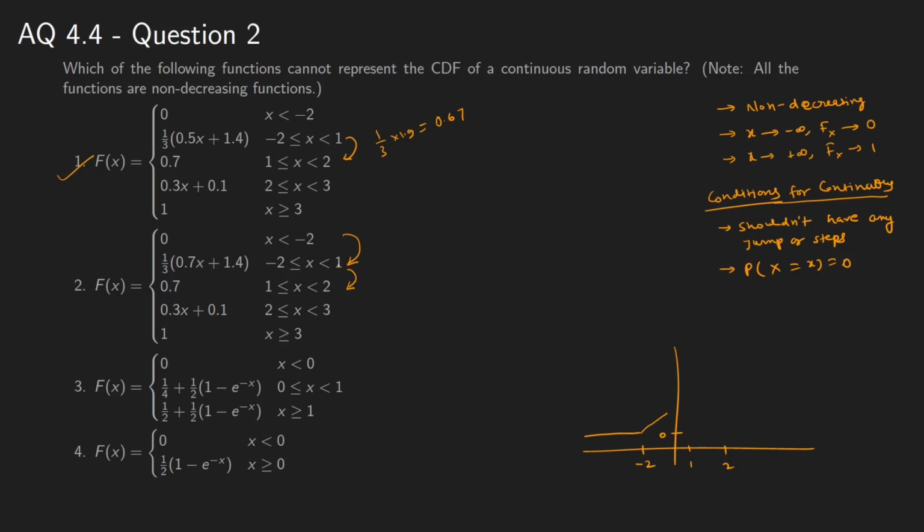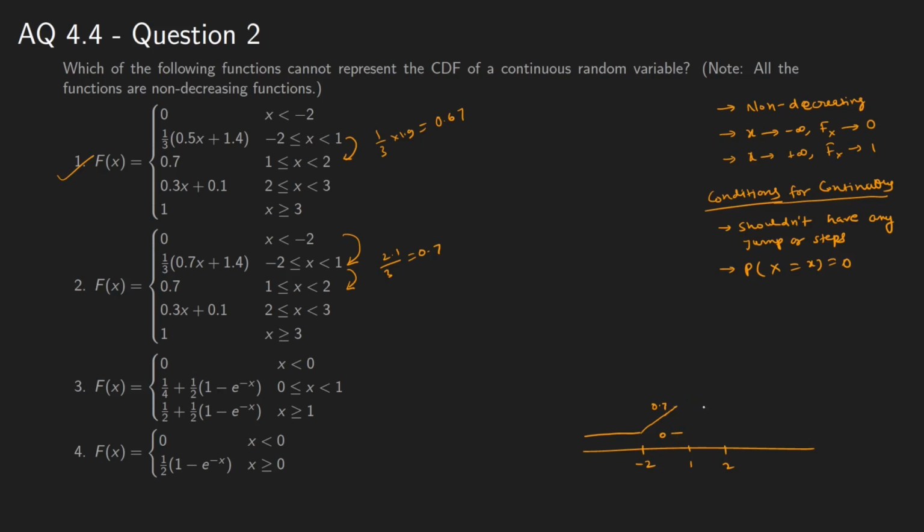So as x approaches 1, what does the value of this line become? You can see that it will become 2.1 divided by 3, which will become 0.7. So it was a line and it became 0.7 at the end when x approaches 1. No, sorry.